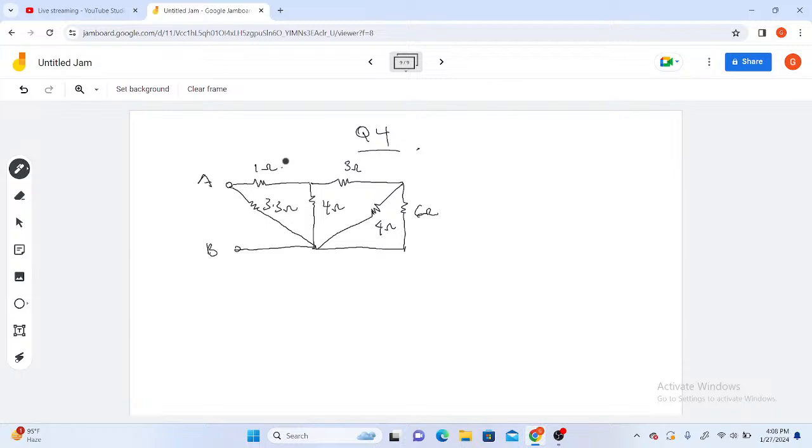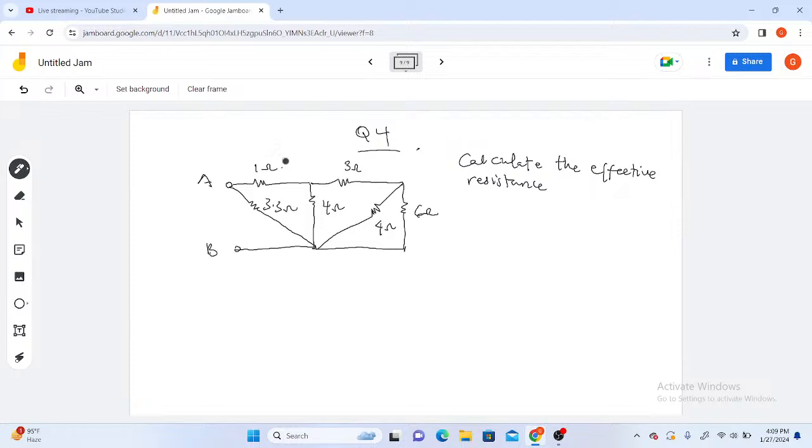And the question is, calculate the effective resistance. Okay, so let's continue.